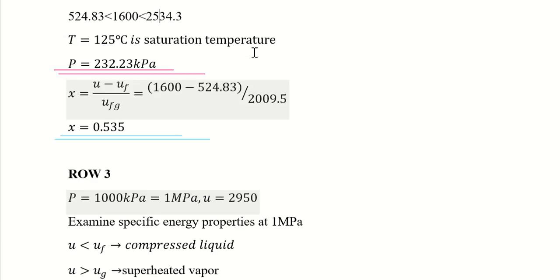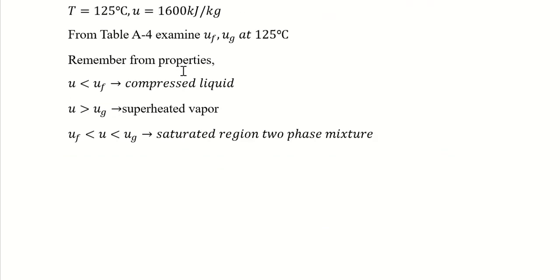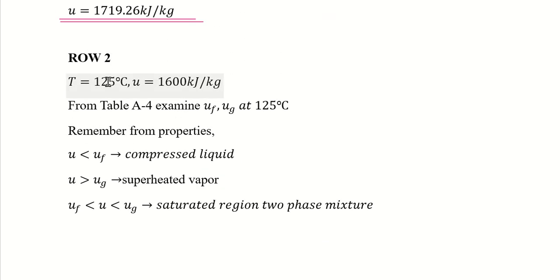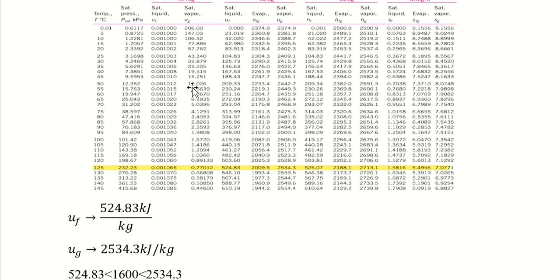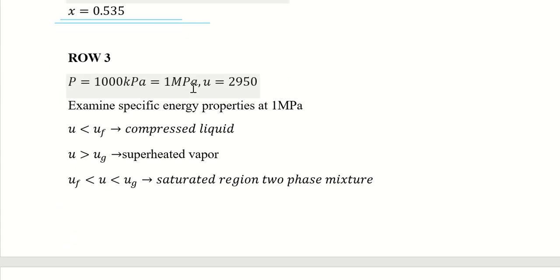And this is very similar to what we've just done right here. Only now they've given us pressure, and the internal energy is the same. So what do you have to do? For someone that has really been following, they already know what to do now. You cannot tell whether it's superheated, compressed liquid, or a two-phase mixture.